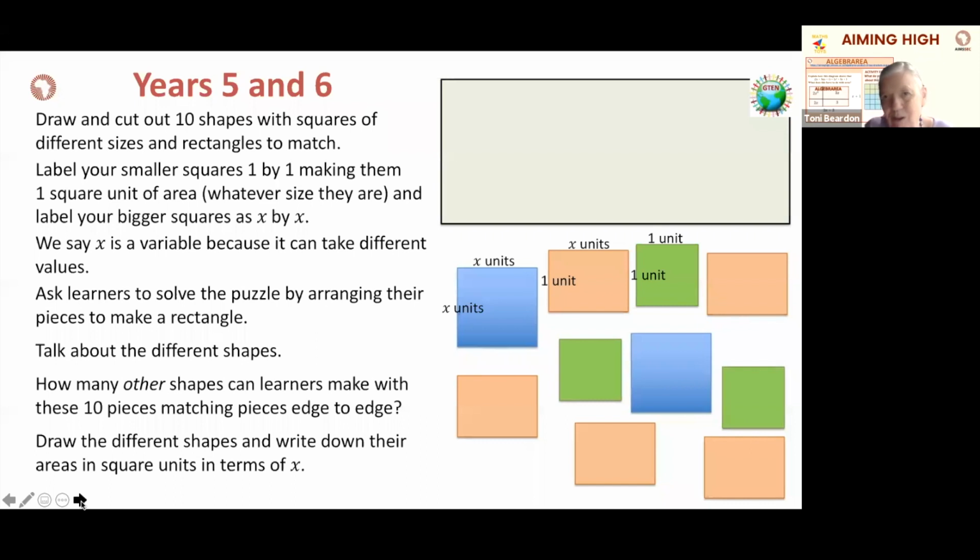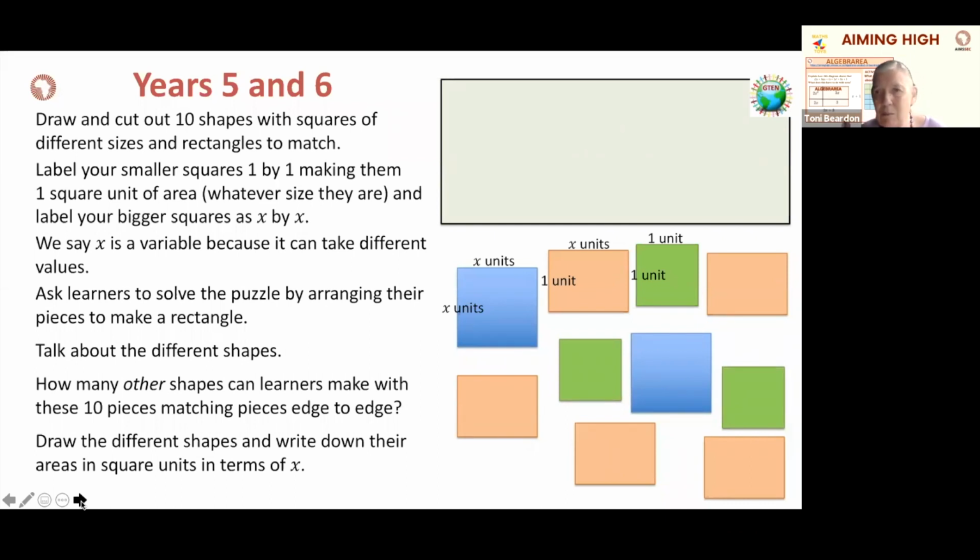As before, we were going to be asking the children how many other shapes can they make. Show me what you can do with these 10 shapes, using them all, making different shapes, using the rule all the time that they must be matching edge to edge. And that means if it's 1 unit, matching it against a 1 unit length, and if it's X units, matching it against an X unit.